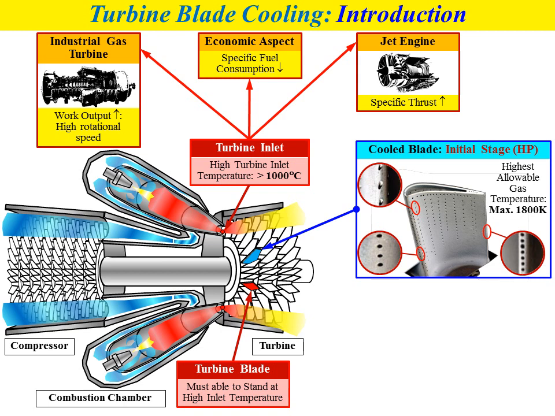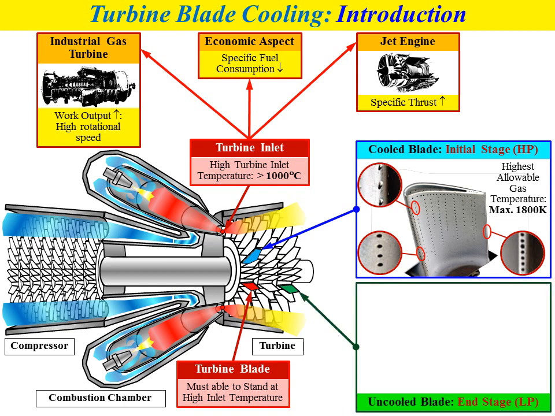The highest allowable gas temperature for this kind of cooled blade can be up to 1800 Kelvin. The second type of blade we call the uncooled blade, the typical blade without a cooling system.